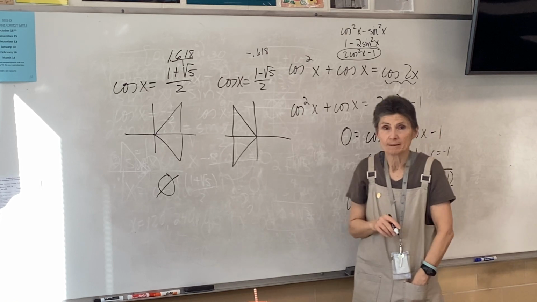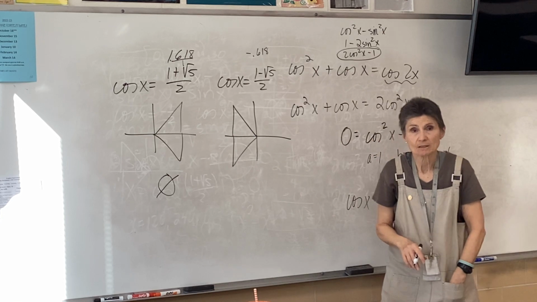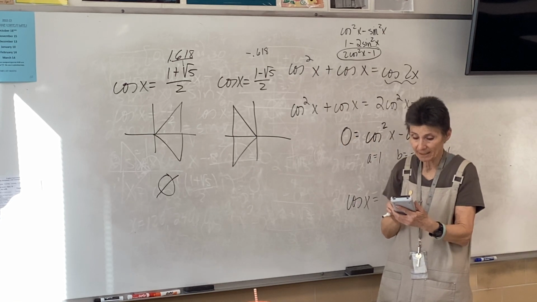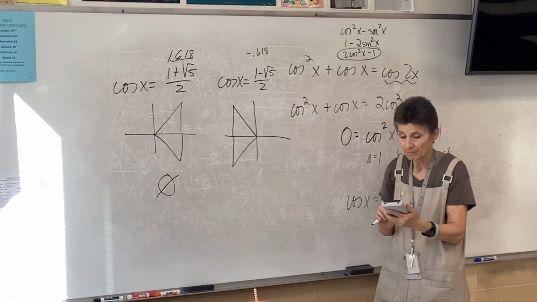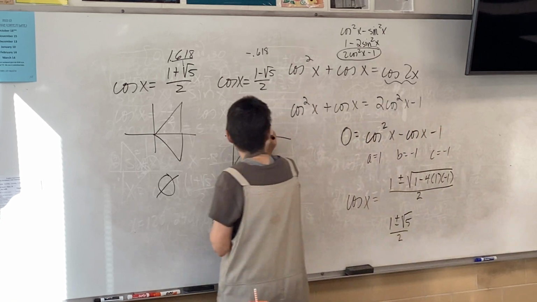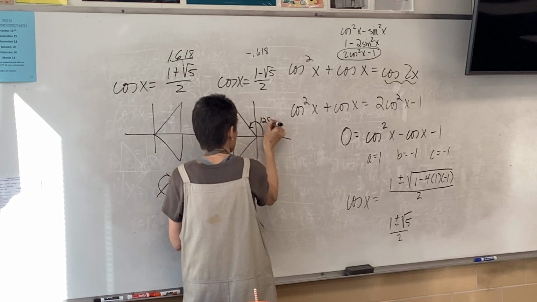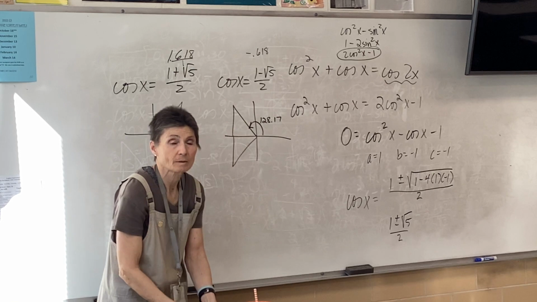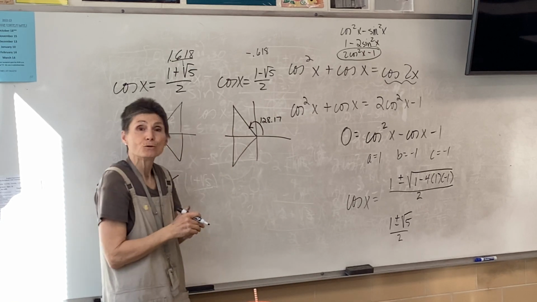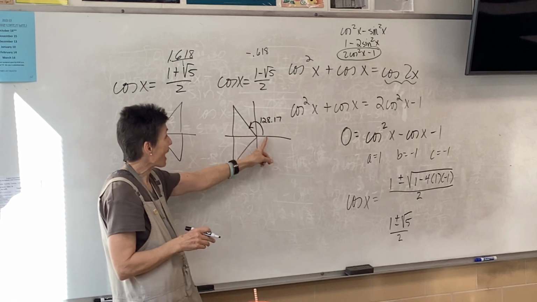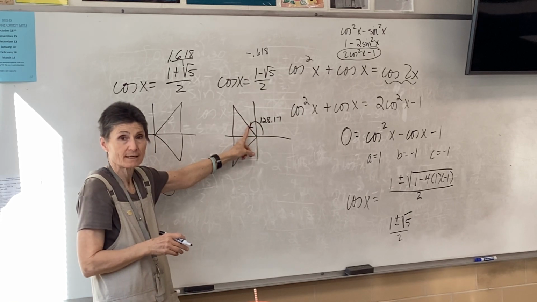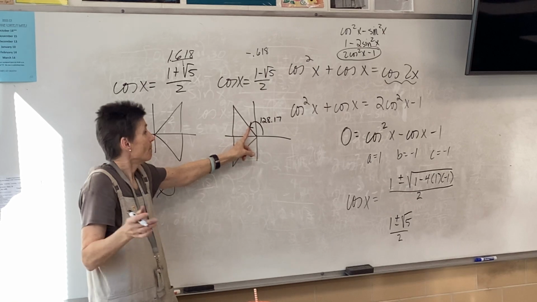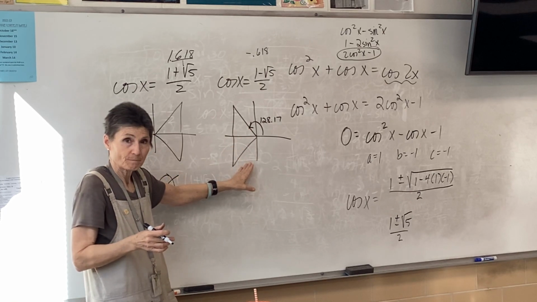If you type in second cosine of that number, you get this angle right here. You actually get your answer, which is 128.17. You do not get the reference angle. You get that angle right there, which is fine. That's an angle. That's an answer. But then you've got to figure out the other one.